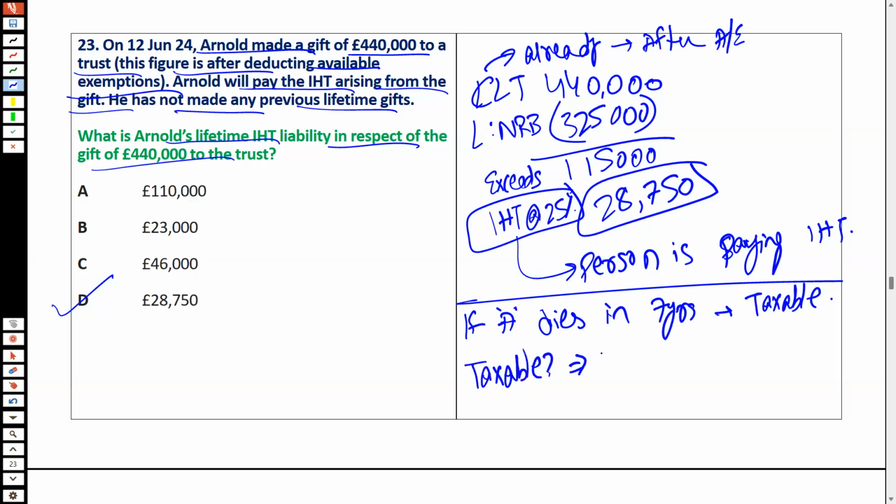The taxable amount of the CLT would be 440,000, i.e., the amount of the CLT plus the amount of tax paid by the person, which is 28,750. So 468,750 would be the amount.